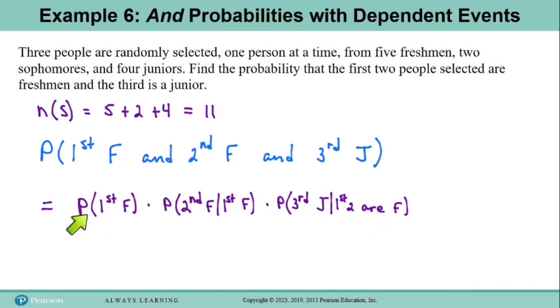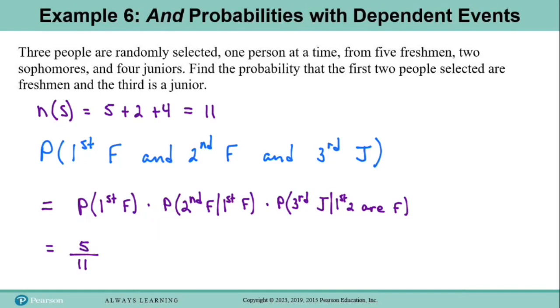Okay, now for the first probability, out of 11 people, 5 of them were freshmen. So this first probability is 5 divided by 11. For the second probability, we want to find the probability that the second person is a freshman, assuming that the first person was. So now we're down from 11 people down to 10, and one of our freshmen has already been selected, so we're down to 4 freshmen.